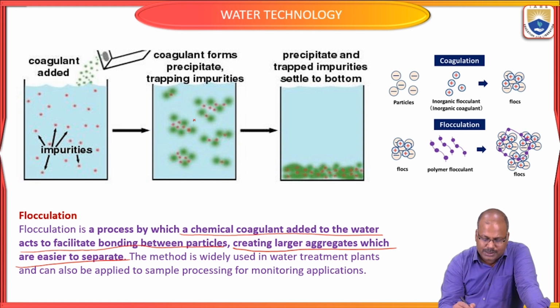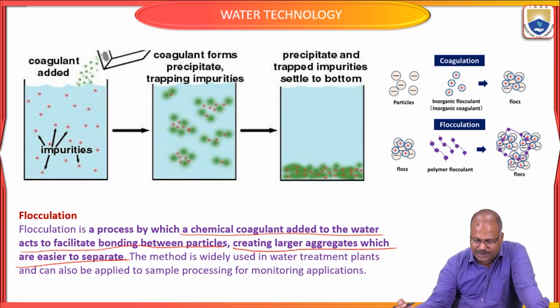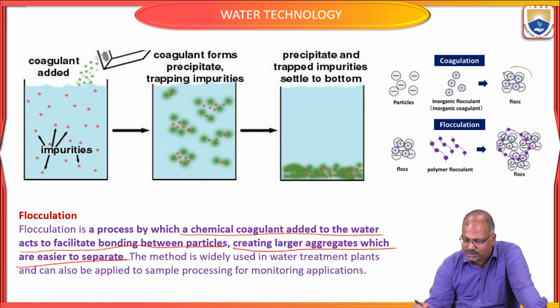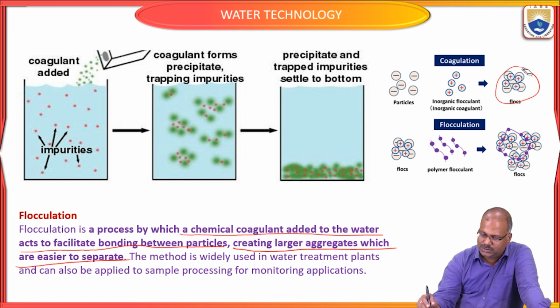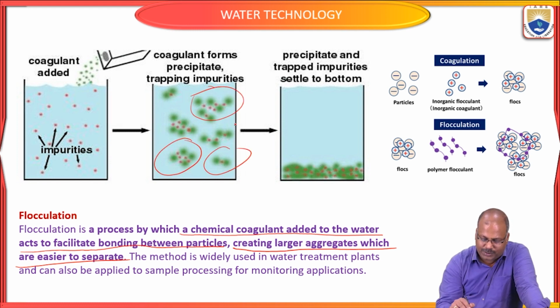So the impurities come nearby and form aggregates, and then they will settle down easily. This is called a flock. We can say this portion is a flock, this portion is a flock, like that.